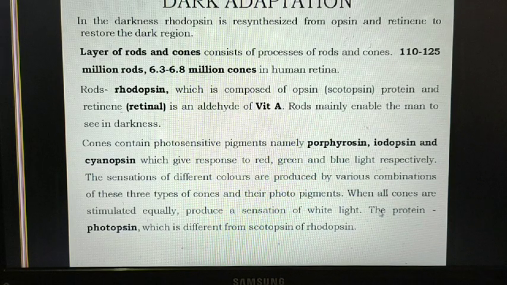When all cones are stimulated equally, they produce a sensation of white light. The protein photopsin is present in cones, and this is different from scotopsin of rhodopsin.